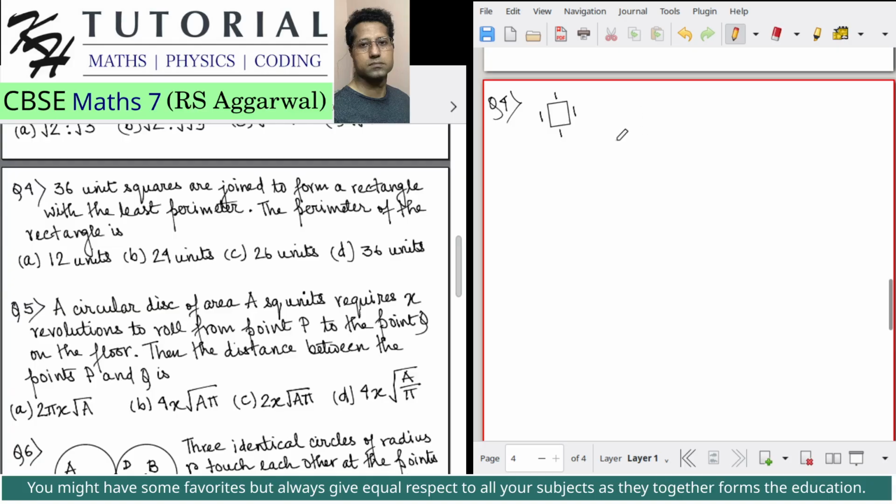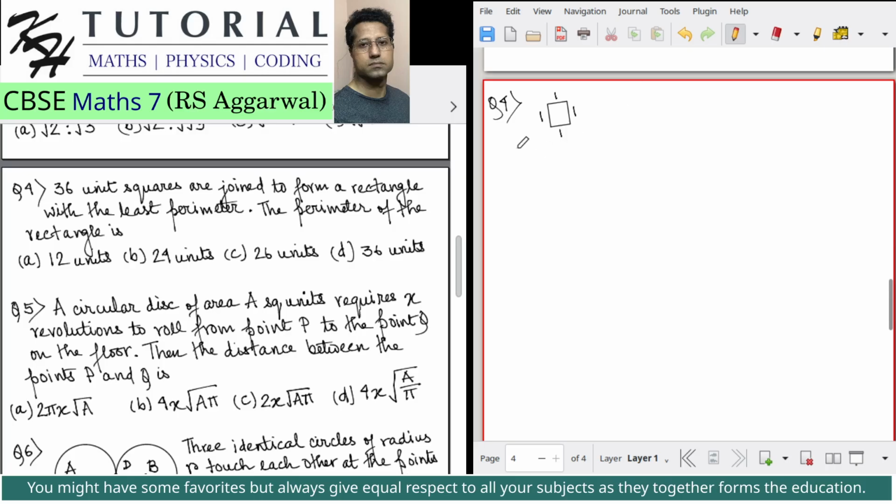We don't know what will be the length and breadth. But whatever the length and breadth, the perimeter has to be least, but also the area of the rectangle will be equal to 36 square units, because after all we are joining 36 unit squares.